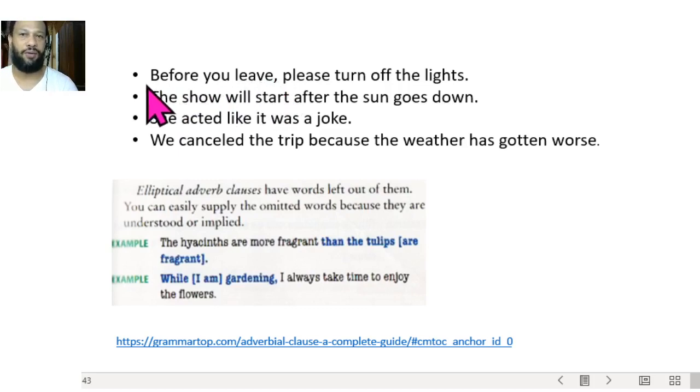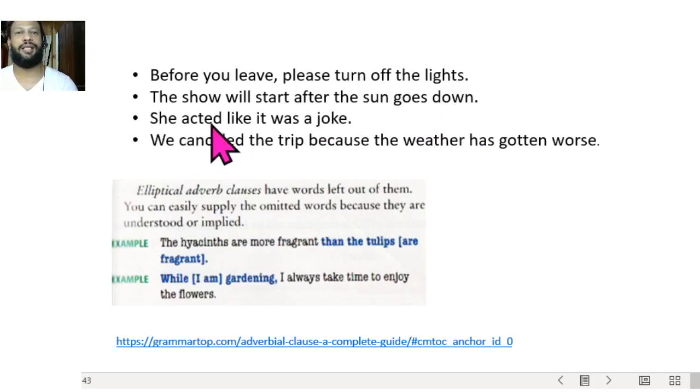But what type of adverb clause? It's a time clause because it says before. Okay? The show will start after the sun goes down. After the sun goes down is an adverb clause of time also.